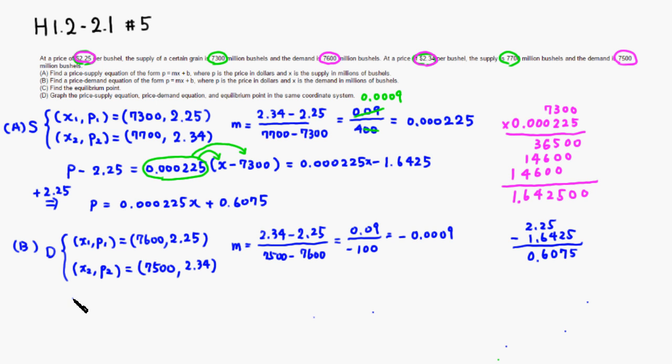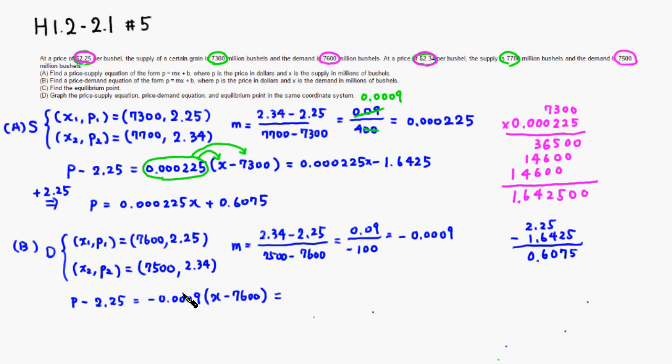Right, so we can use the point-slope form again. So it's going to be P minus P1, which is 2.25, equal to negative 0.0009 times quantity x minus x1, which is 7600. Alright, so let's distribute.